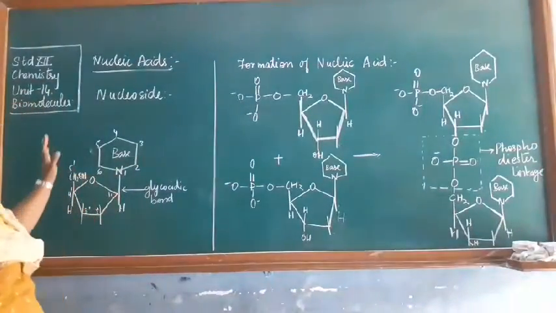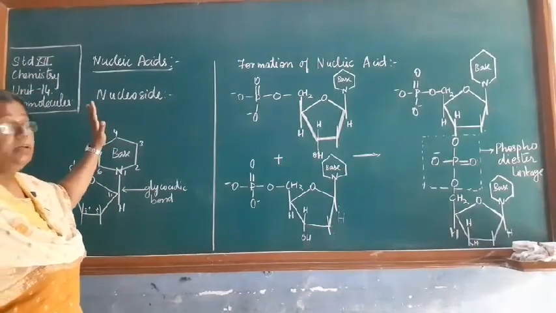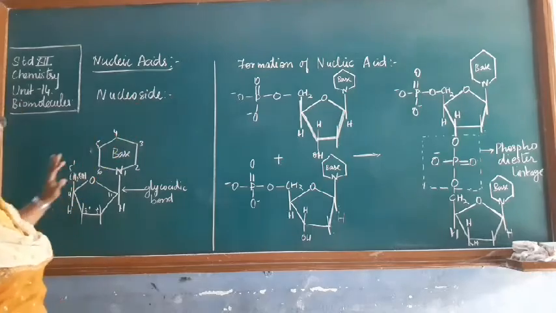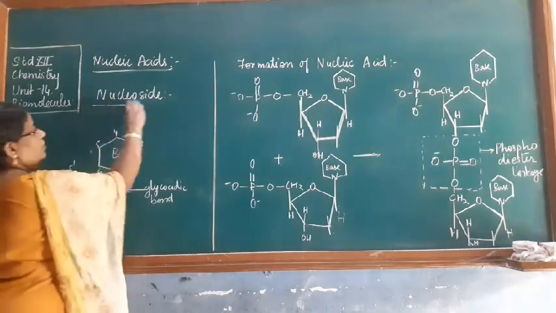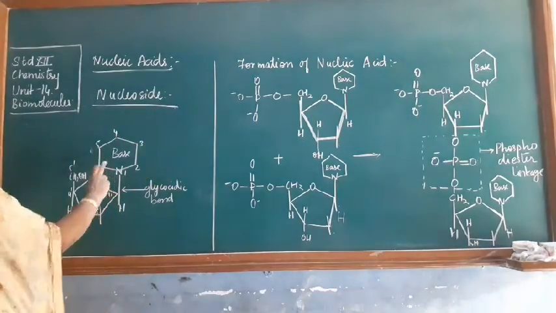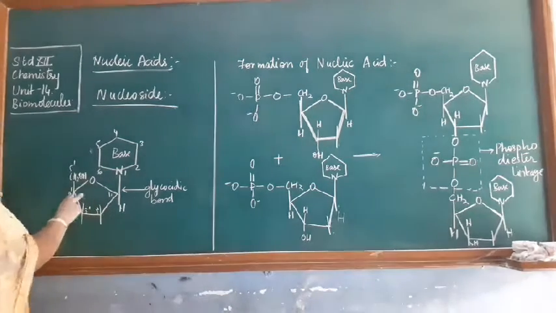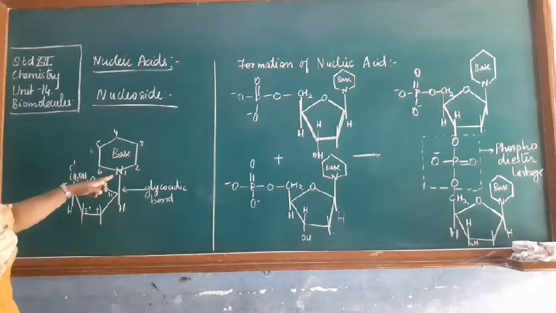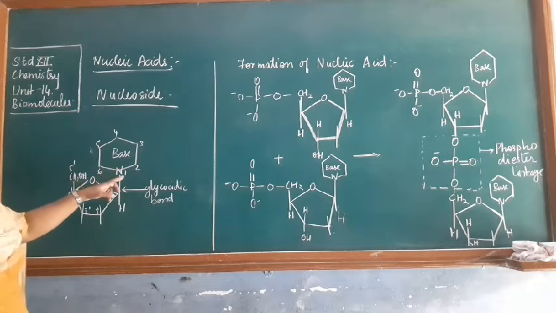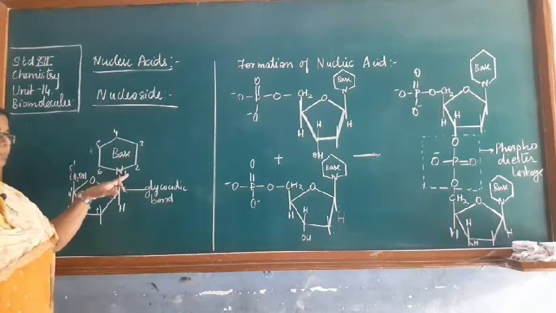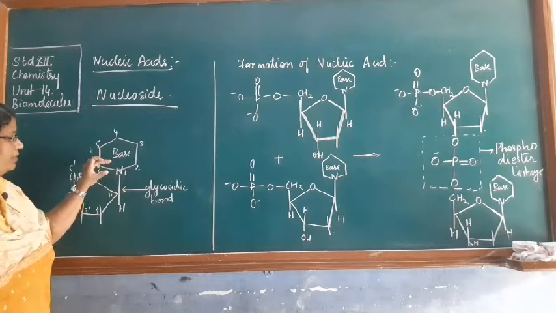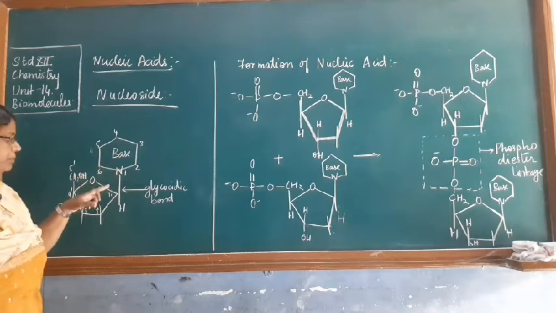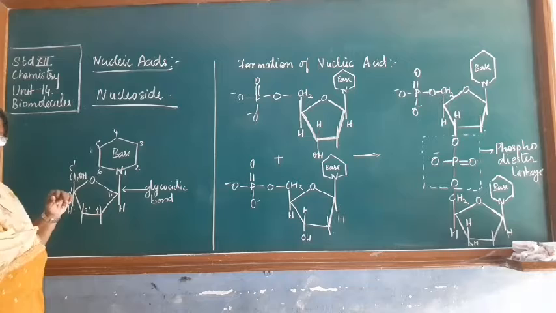Previously we have seen what a nucleoside is. Now we will see what a nucleotide is. A nucleoside will have only two components, the base and the pentose sugar, joined by a glycosidic bond. In the base, we number the nitrogen with number 1, and that nitrogen is always the one bonded to the pentose sugar.